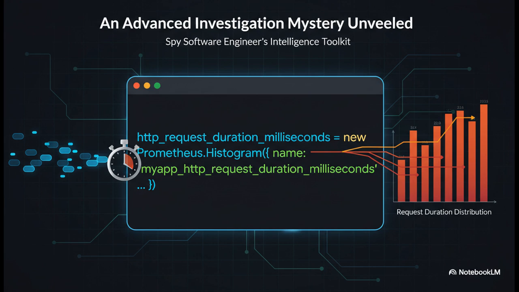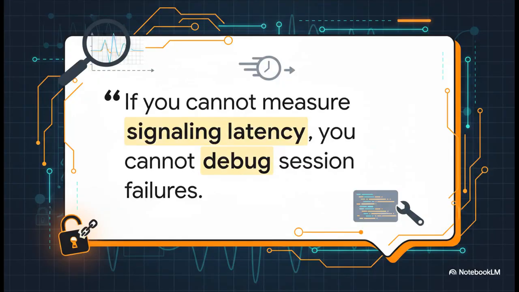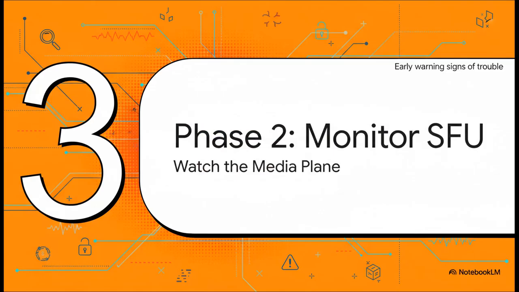This is how you start to expose the real internal state of your signaling layer. And this brings us to an ironclad rule. If you can't measure the latency of your signaling, that initial handshake for a call, then you have absolutely no chance of reliably debugging why a session failed to connect in the first place. You have to start here. It's non-negotiable.